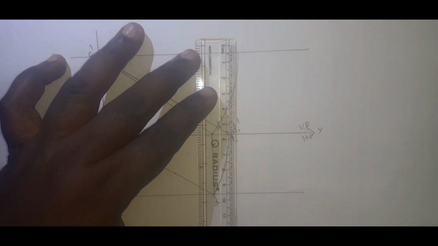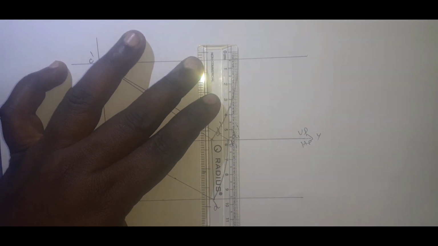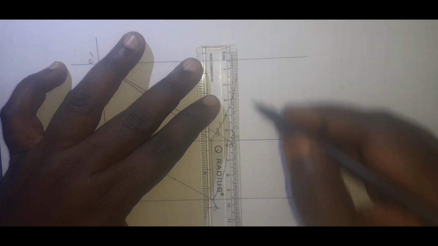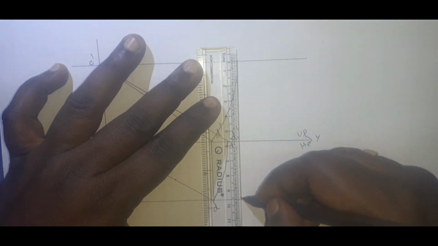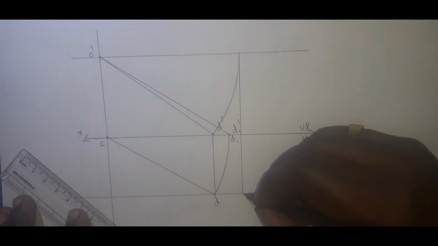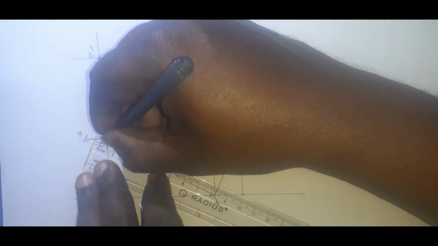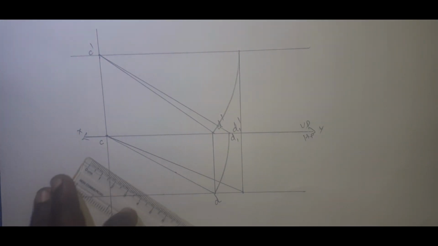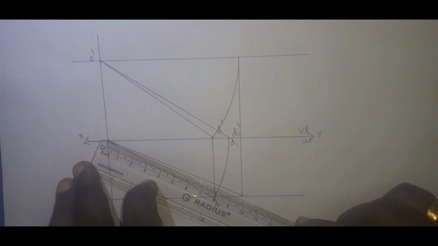And again I can draw, so this new point will be the another true length value. So when you measure both the lengths, both will be same.